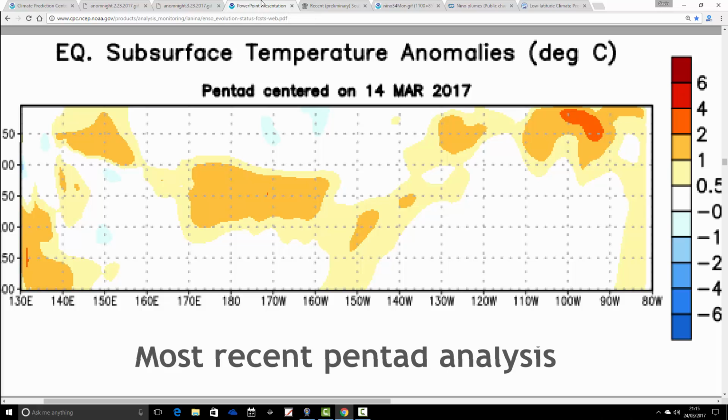This is quite interesting. This is from the updated PDF from NOAA. Every week they do a PDF update with loads and loads of information crammed in terms of what's going on in the Pacific Ocean, in the equatorial Pacific, in terms of La Nina and El Nino. Now, I can't go through all of it.